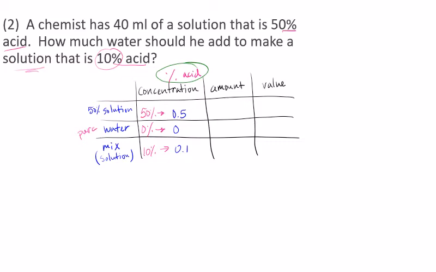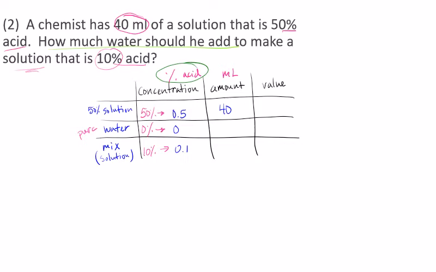All right, so now let's talk about the amount. We know the amount this time of the 50% solution. We know it's 40 milliliters, so I'm going to put in 40 here, and tag milliliters for the amount. Now water, that's what they're asking for. How much water should he add?